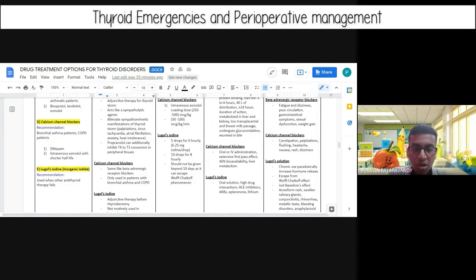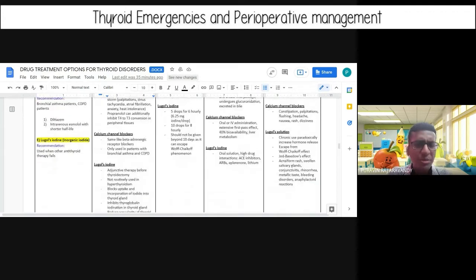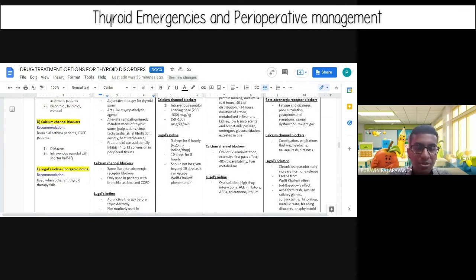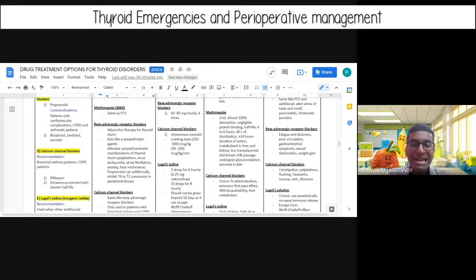The mechanism of action of calcium channel blockers is exactly the same as beta adrenergic receptor blockers. They will be used as a palliative method to reduce the signs and symptoms and the clinical manifestations of thyroid storm, and they are only recommended in patients with bronchial asthma and chronic obstructive pulmonary disease.